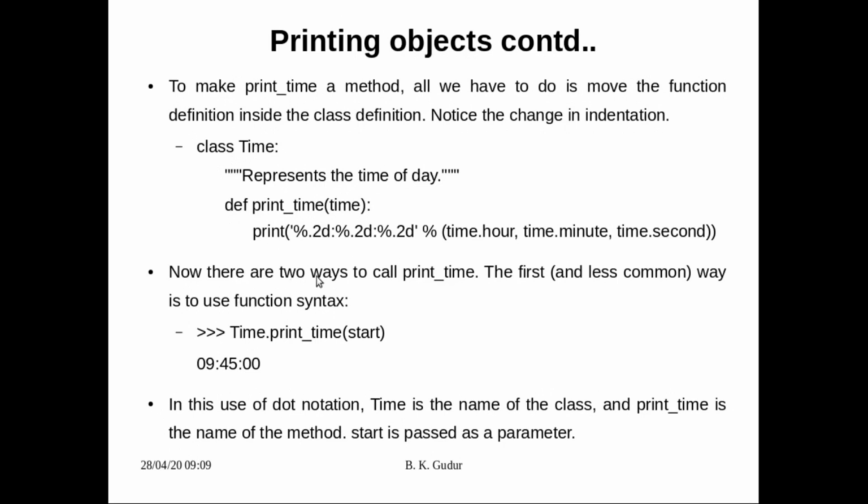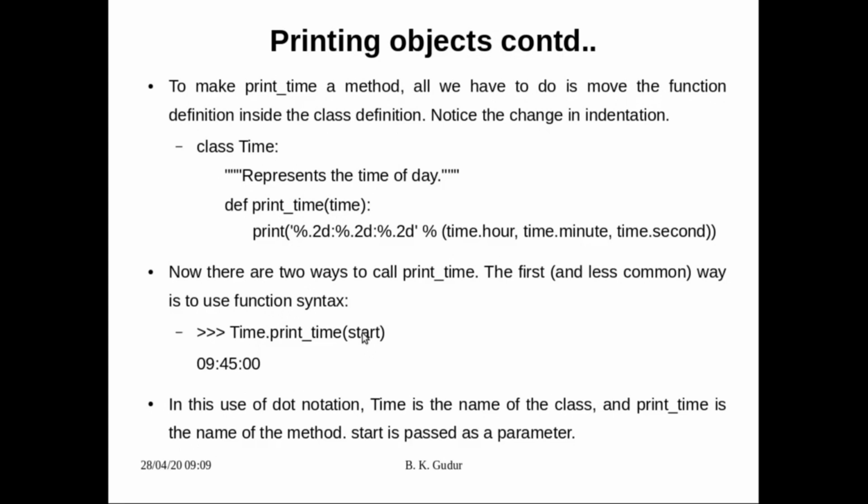Now there are two ways to call print_time, meaning this particular method. The first one is normally used less often. The second one we have already seen. In the first one, we use the name of the class, then the dot operator, then the function name, and to that we supply the object.